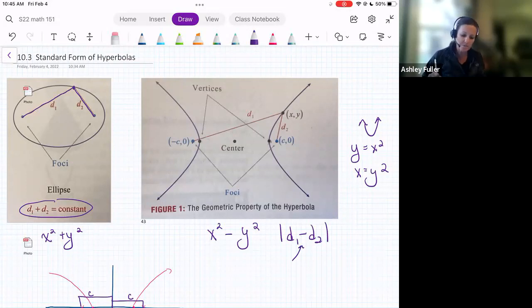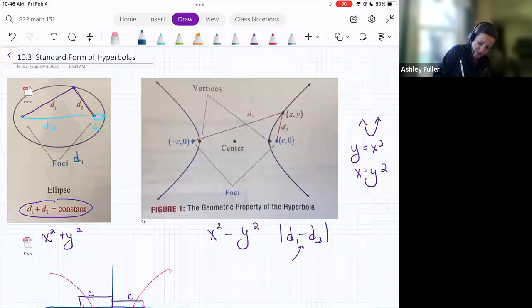Now, this becomes important in terms of calculating our a values. If you remember with ellipses, d1 plus d2 was a constant. So if we look specifically at one of the vertices, and we call this d1, and the distance to the other vertex d2, notice that d1 plus d2 is going to equal 2a, because a is the distance from the center to a vertex.